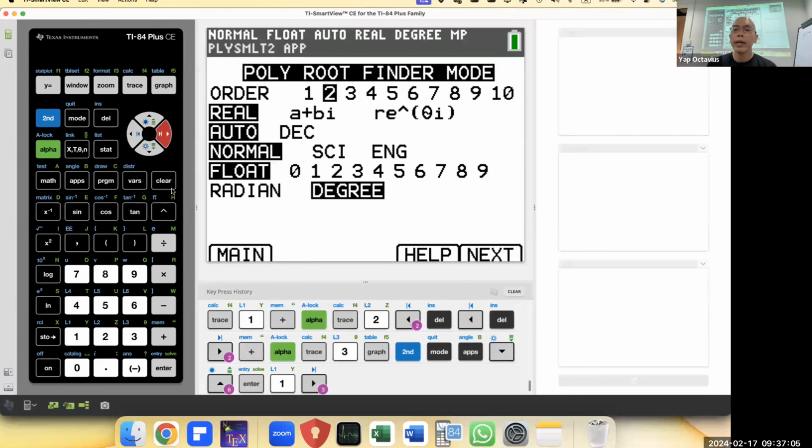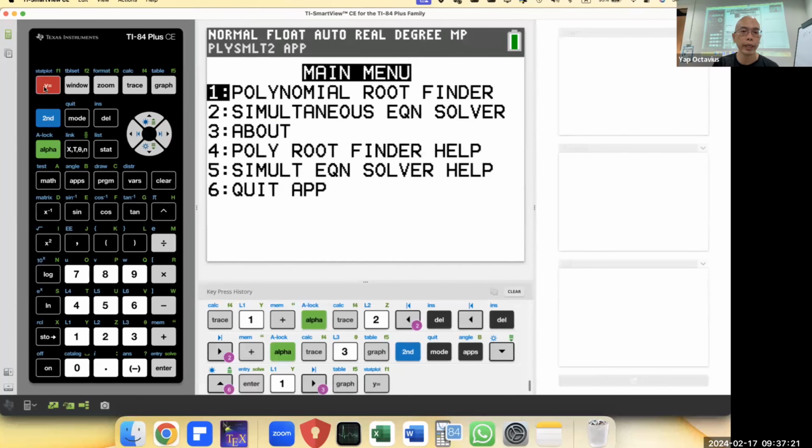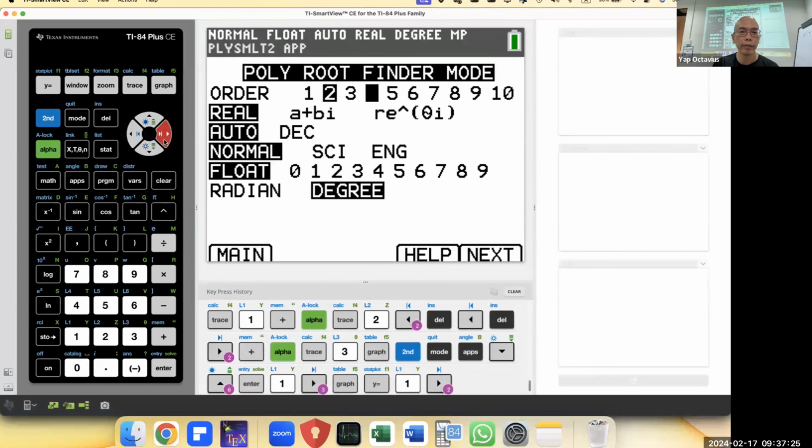After that, this next button coincides with this button, correct? You see on your GC. You press the graph. Oh sorry, mine's order 2. Let me go back again. I want order 5. Go to main.